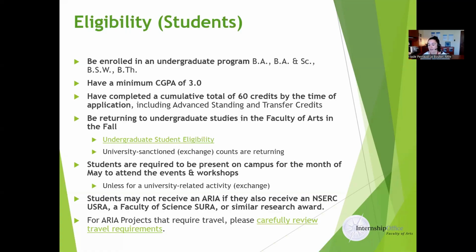However, just to note that unlike our other internships, the ARIA program is more selective on the GPA requirements as it is a research internship. And so you need to have proven your interests and your skills in research through your classes. But again, if ever there's questions around that, feel free to come and talk to me before applying.